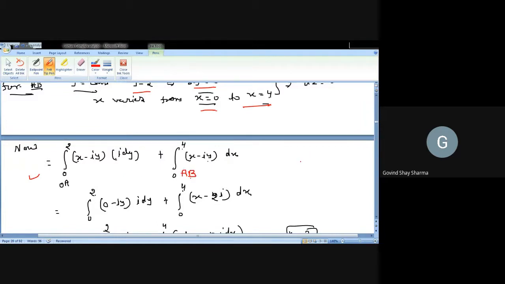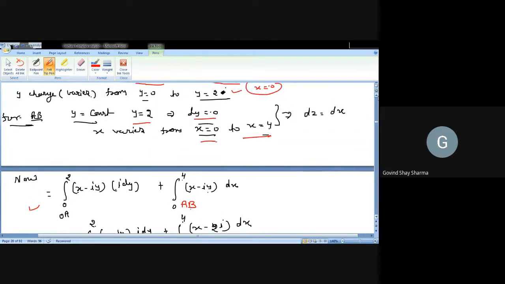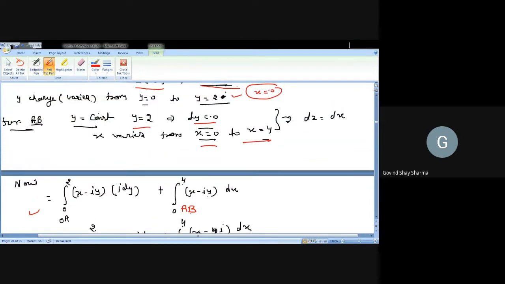For the AB part, y is equal to constant, because we get a straight line parallel to the x-axis. This is the x-axis, and here y is equal to 2. This is the constant line, y is equal to 2. So dy becomes 0, because when y is constant, there is no change in y.